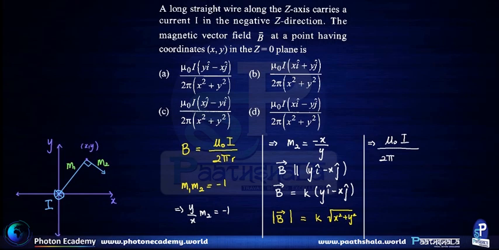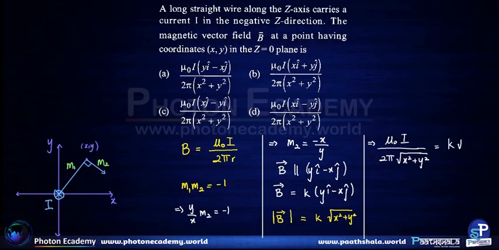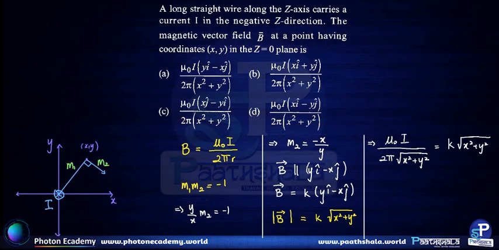What is r here? r would be the square root of x square plus y square, which is the distance between the point and the wire. And this is equal to k root x square plus y square, which means k is equal to mu naught I divided by 2 pi into x square plus y square.